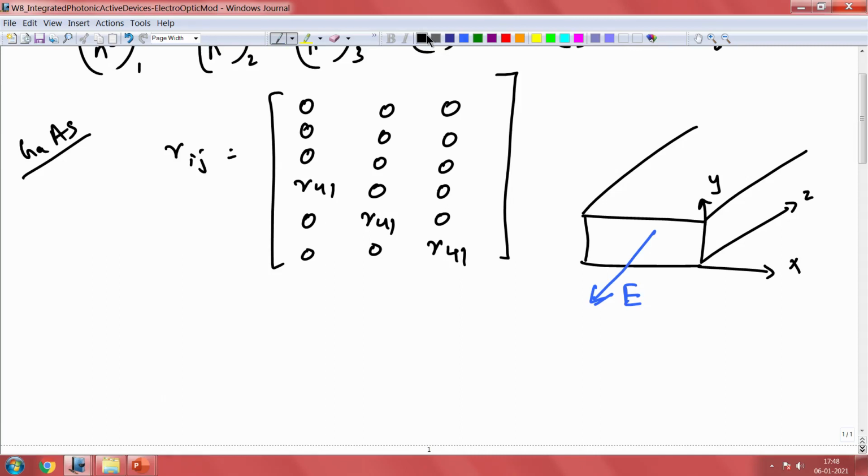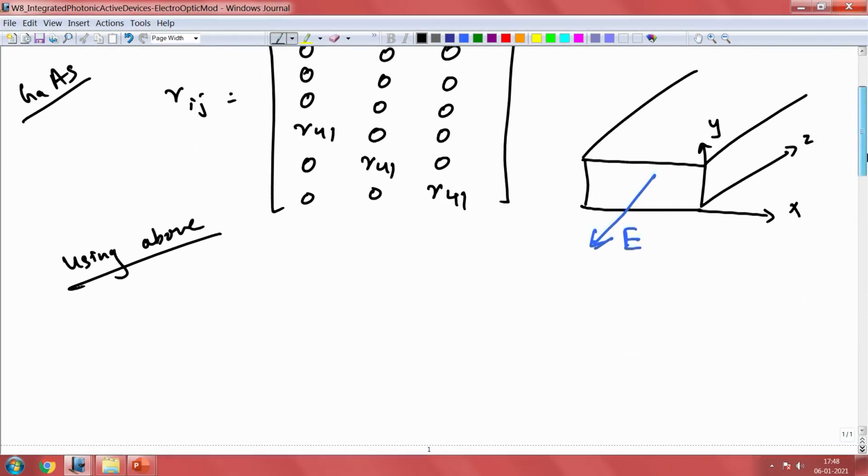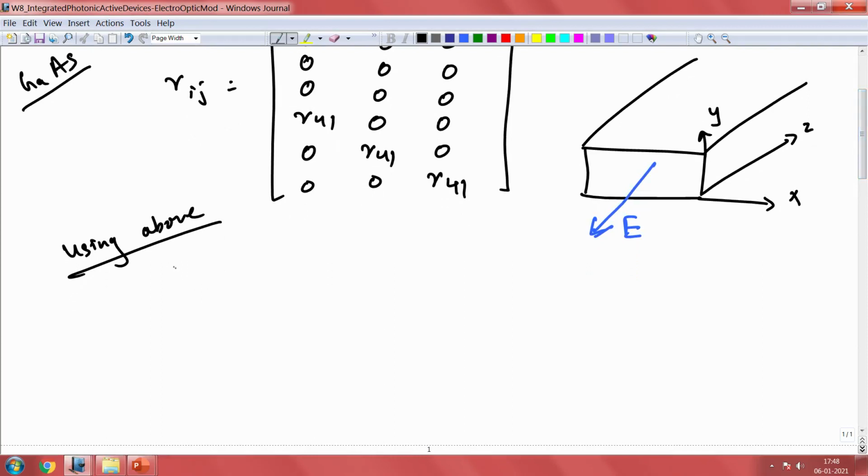So, using the above two equations that we have, we can modify it and write it in this form.